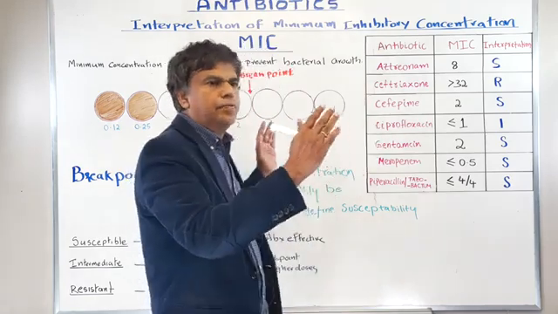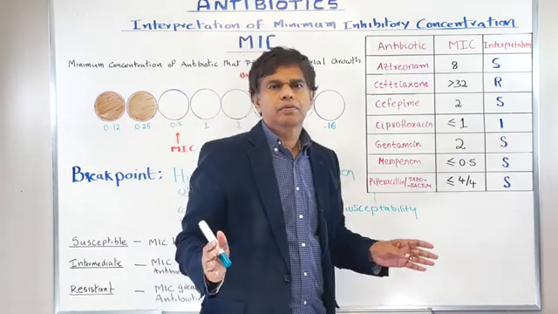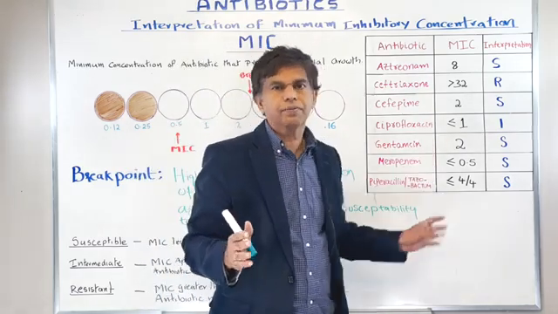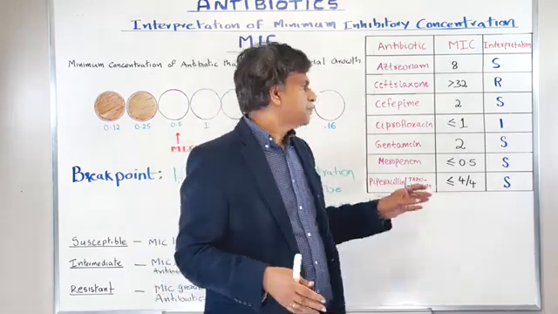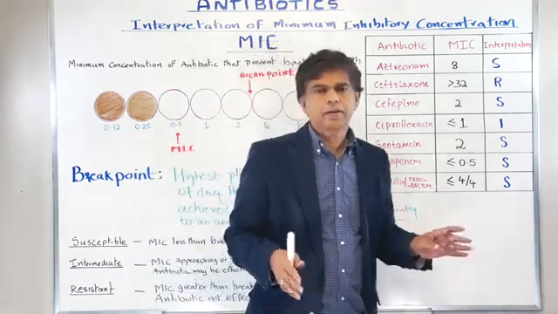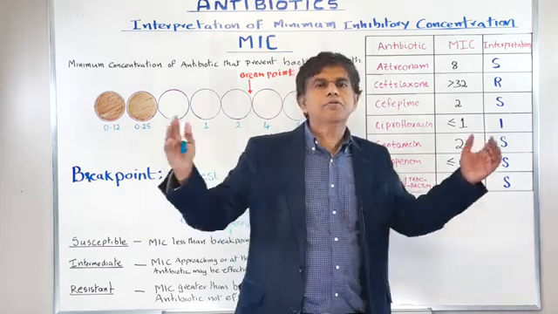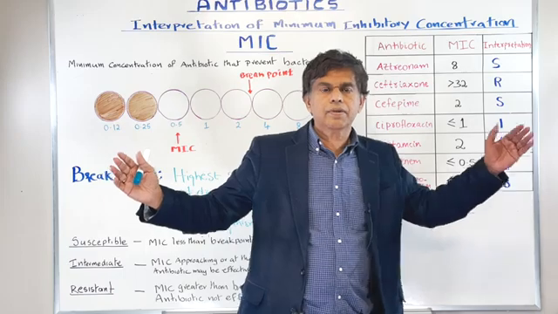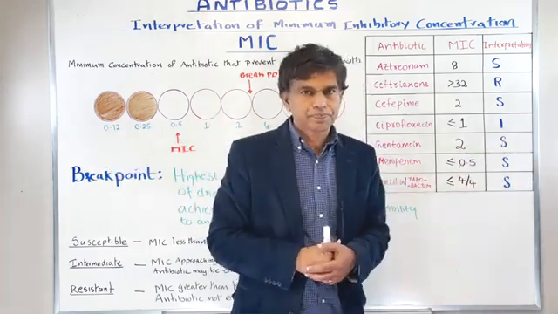The wider the window from breakpoint to MIC, the better it is to use. Don't compare the MICs, otherwise people make the mistake all the time. Look at the breakpoint and look at the MIC. The further the MIC is from the breakpoint, the more of a safety profile you have. It's a good drug to use.